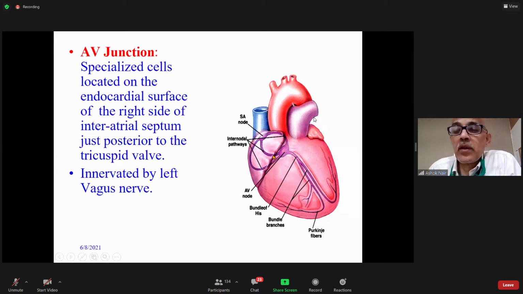It's normally called the AV junction because the cells are of different diameters, and a very important function here is that the conduction velocity is slow. So the impulse which is coming from the SA node towards the ventricle is delayed.